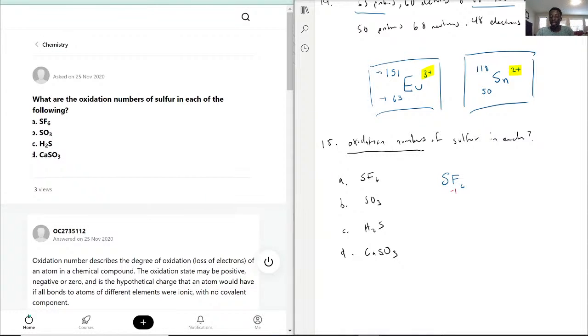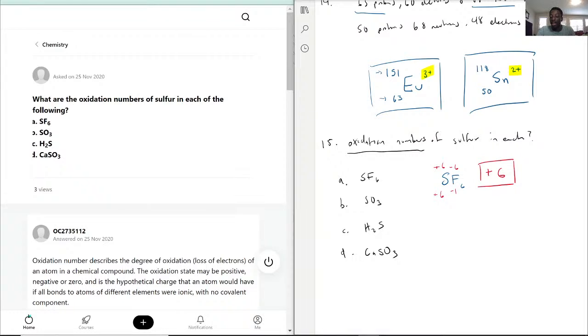Because there's 6 of them, the total this has to account for is -6. So for this to have a total neutral charge, sulfur needs to be +6. And because there's only one of them, the oxidation number of sulfur here is +6.